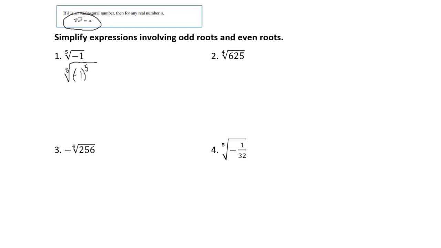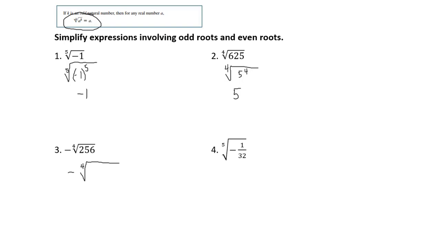And since this root and this power are the same, this gives us negative 1. So this is negative 4, and this would be a 4 here. And that is 5 to the 4th power. And so that 4th and that 4th gives us a 5.